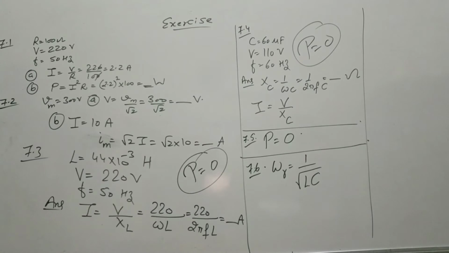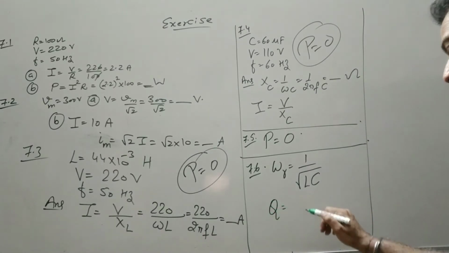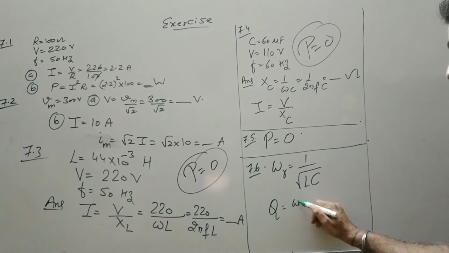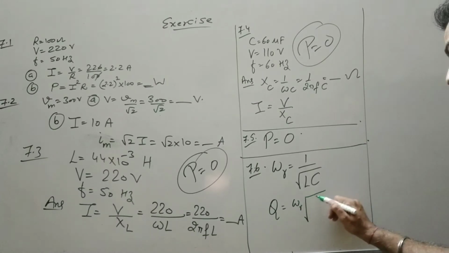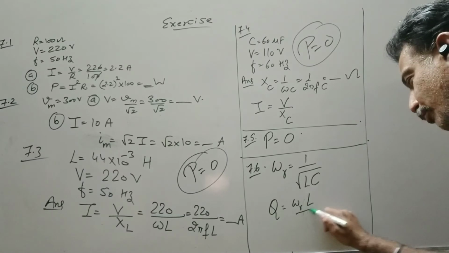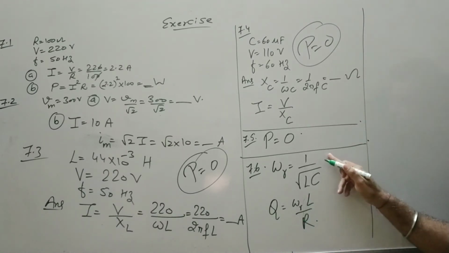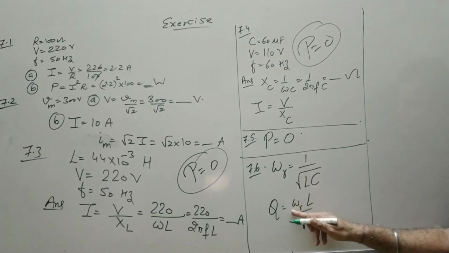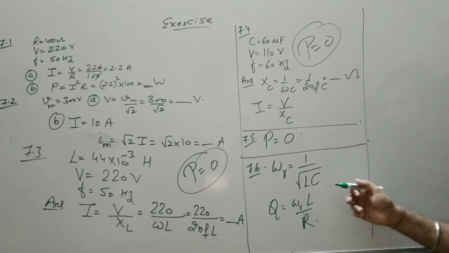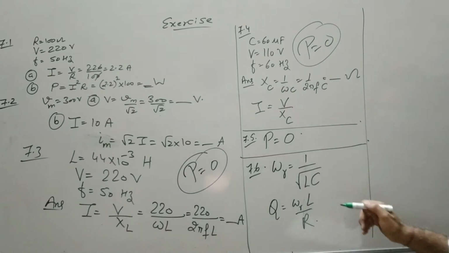You have to find out the resonant frequency and also you have to find out the Q factor. So the Q factor was equal to omega R into L upon R. So that was a derivation. Once you know the resonant angular frequency omega R, all the values L, R and C are given.